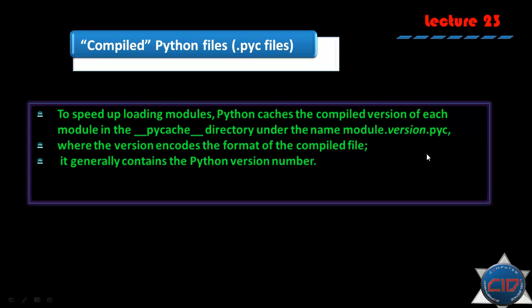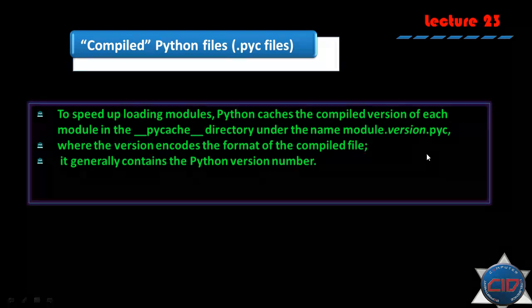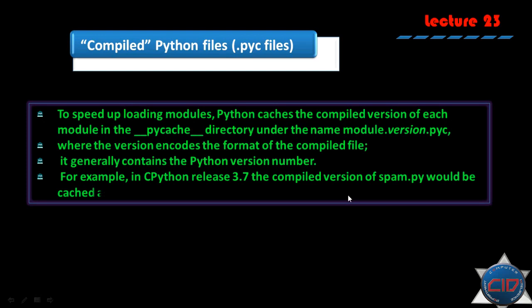It generally contains the Python version number. Suppose we run our code under Python 3.7, then the name will be spam.cpython-37.pyc.